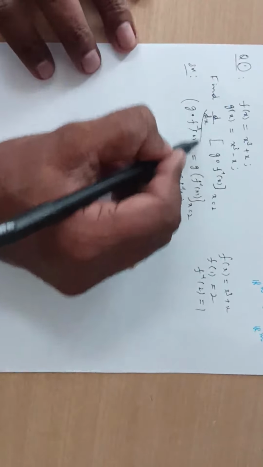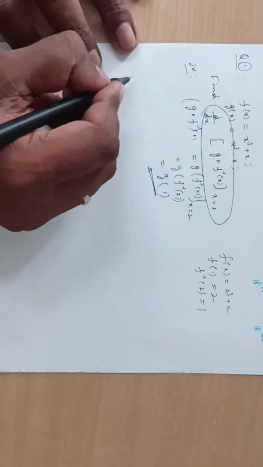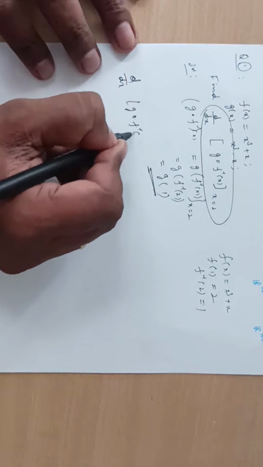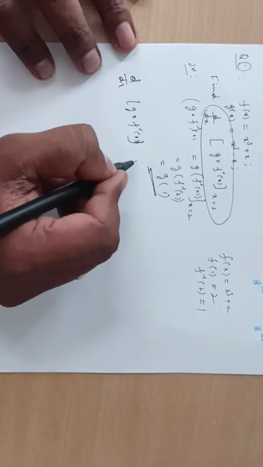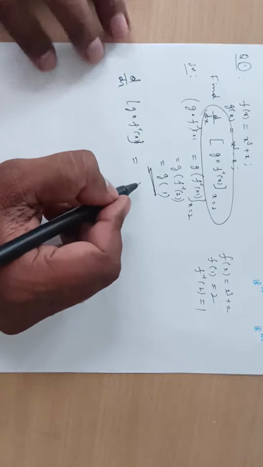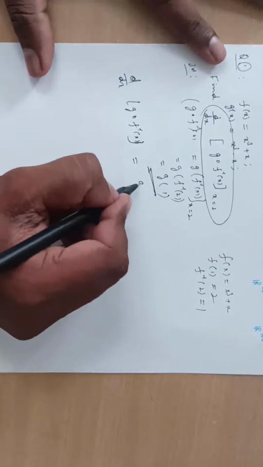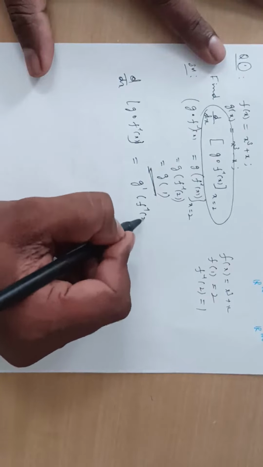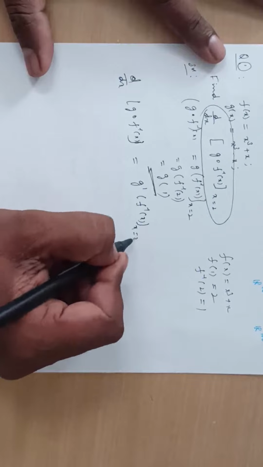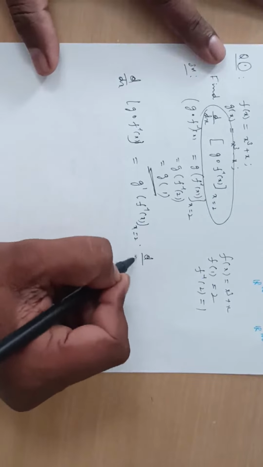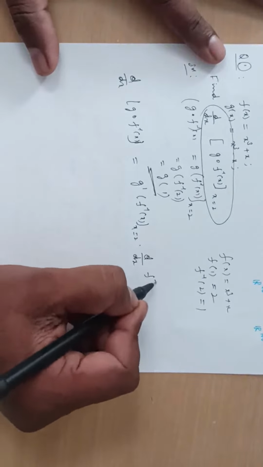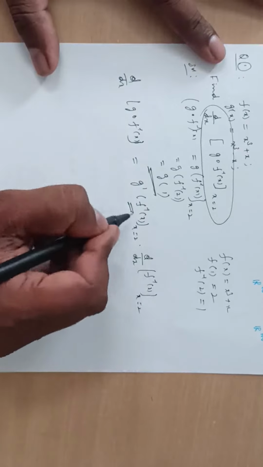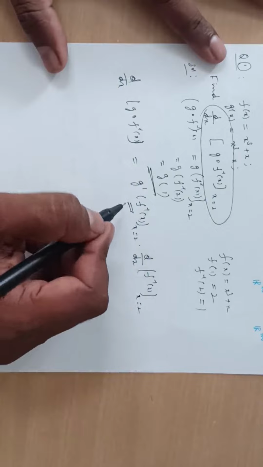If you find the derivative of this, d by dx of g composition f inverse of x, that is equal to g dash of f inverse of x at x equals 2 into the differentiation of f inverse of x at x equals 2, because you need to find the derivative of the inner function by chain rule.